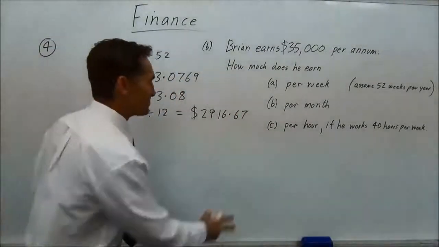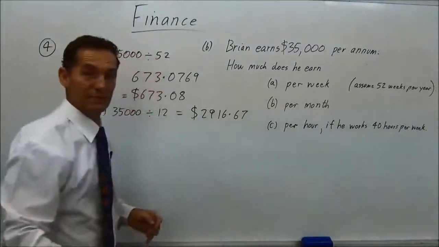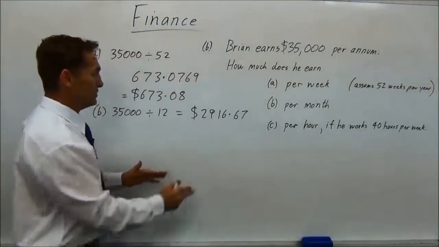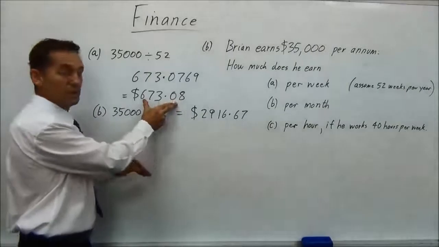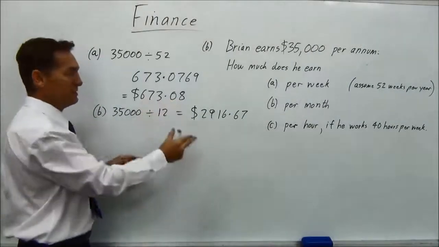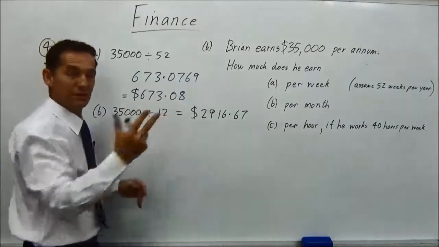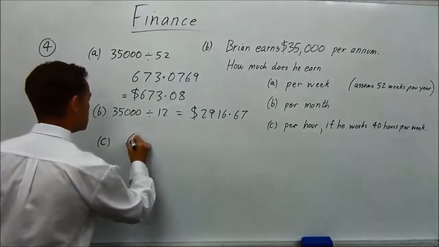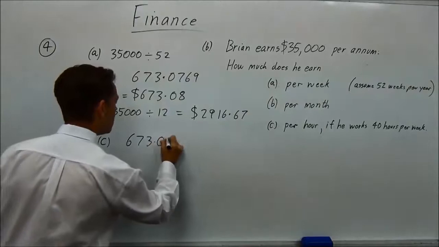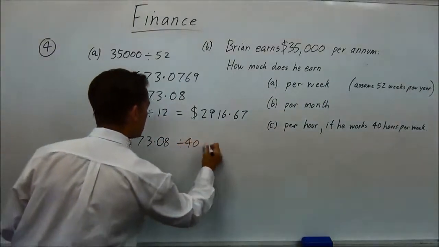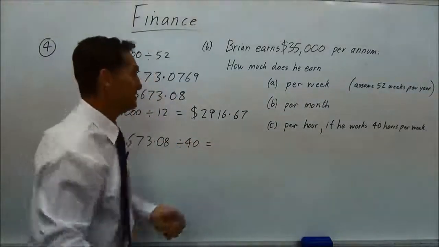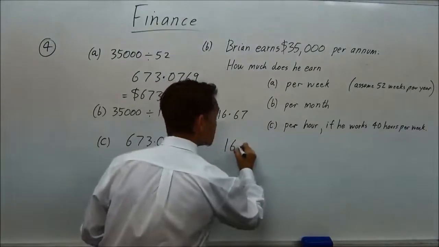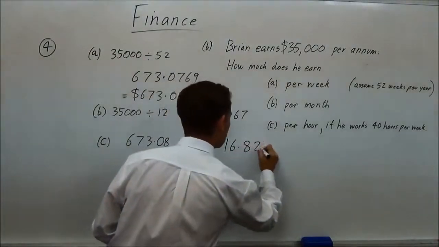Part C. Per hour if he works 40 hours per week. So if he works 40 hours per week, you're going to use what you've already figured out here. Okay, so we're going to get this number divided by 40. So let's do that. So we're going to get 673.08 divided by 40. Punch that in your calculator and you'll get 16.827.